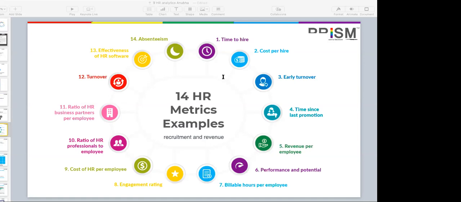Then there is session length, which is the total time on the platform per user per month, screen flow, and software retention. You can know how much people are able to use it, and determine what works for employees and what does not work for them.